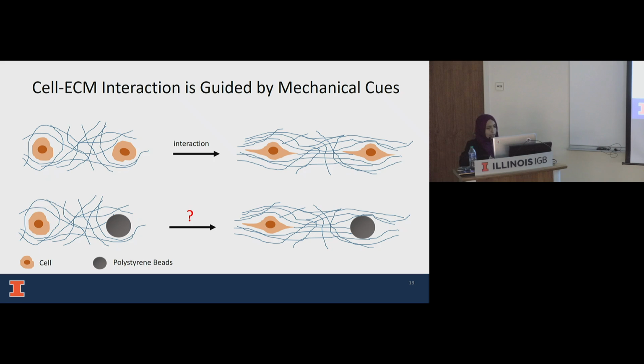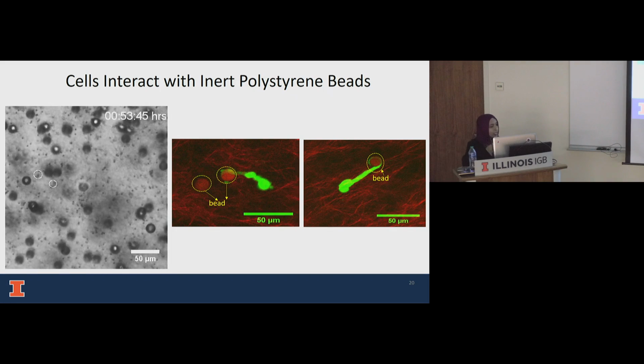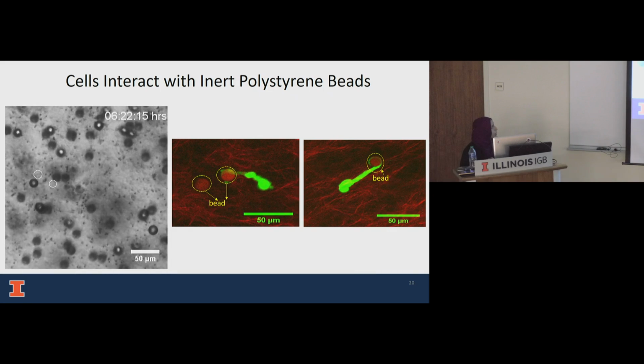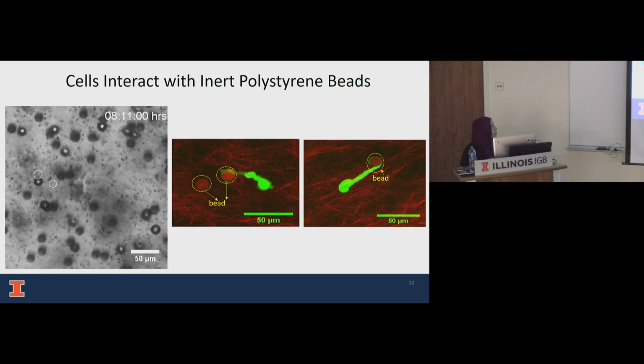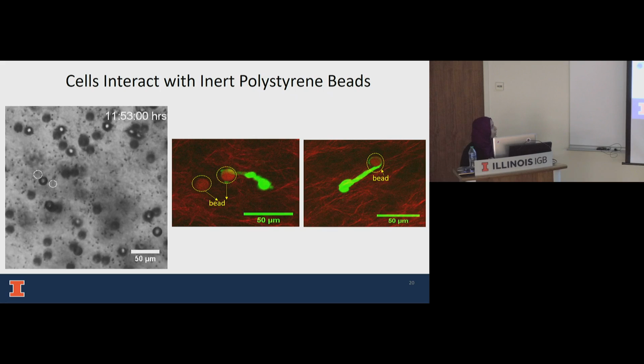The first thing we wanted to see was if the cells indeed interact with these beads. So this is a bead. These are some tracer beads that I tracked. But as you can see, this is the cell which is moving towards the polystyrene beads.